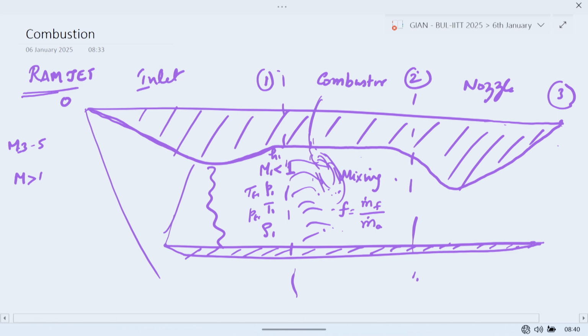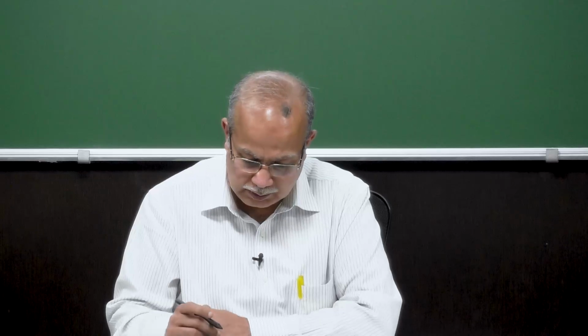Now the addition of fuel will cause the properties of the fluid to change. The Mach number entering the combustor will not be the same as the Mach number leaving, but the Mach number exiting the combustor will still be subsonic. It will change, but it will be subsonic.